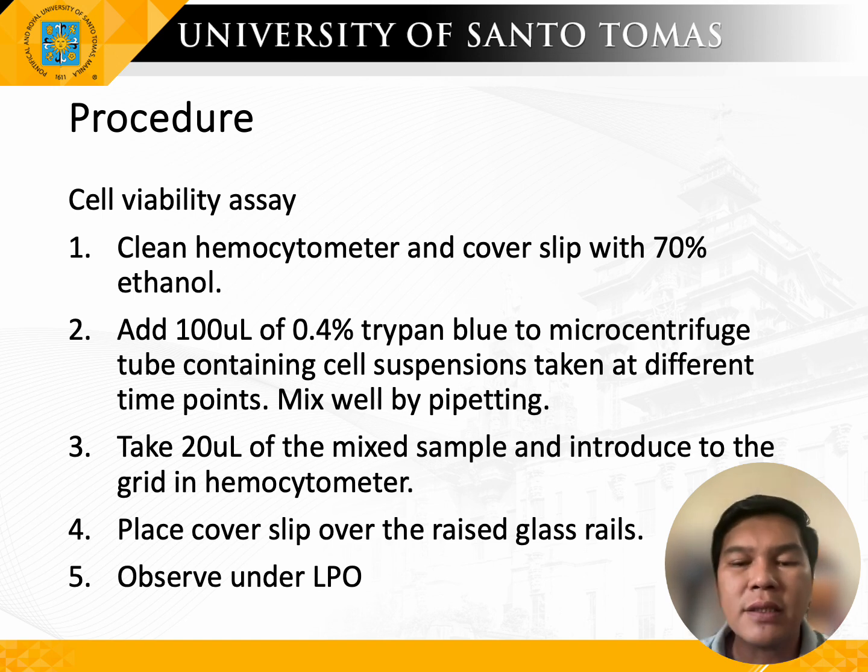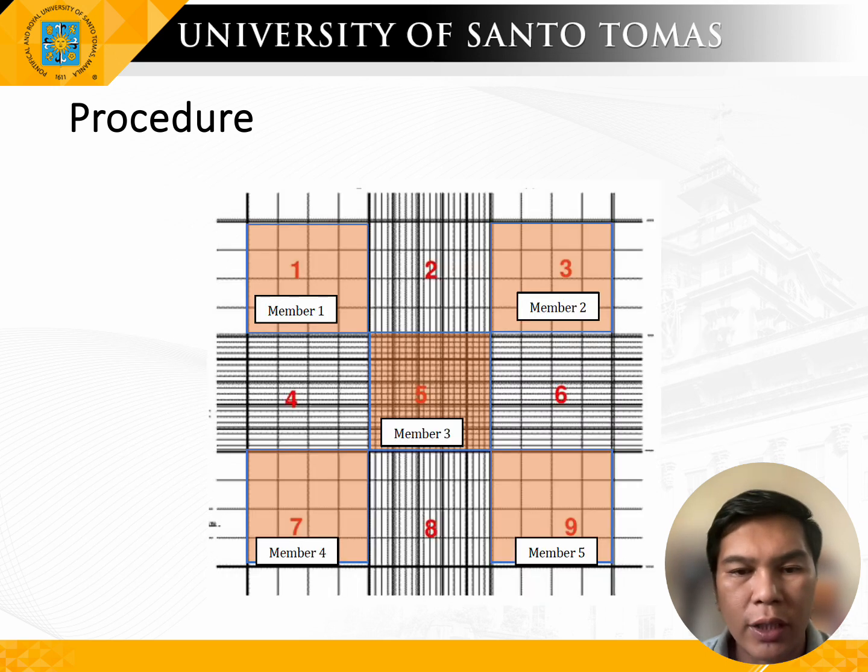This means that this is actually connected to that of your activity in your cell counting associated with spectrophotometer. So take 20 microlit, only 20 microlit of the mixed sample and introduce to the grid in the haemocytometer. Place cover slip over the raised glass rails and observe under low power objective.